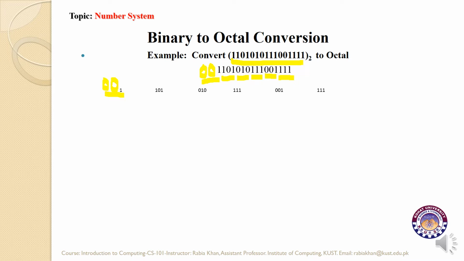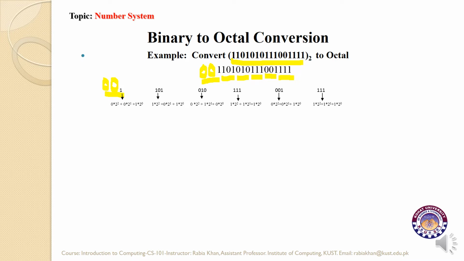Now next, as the rule says, we have to multiply every bit of every group individually by 2, and the power of 2 starts from 0. The multiplication process will again start from right to left. So here we multiply the number.